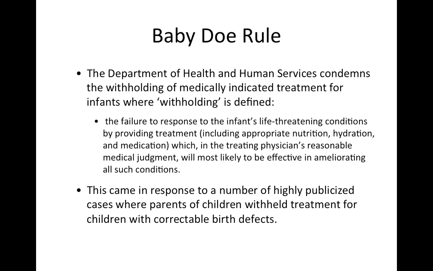It then goes on to define what withholding means: the failure to respond to an infant's life-threatening conditions by providing treatment, whether that's appropriate nutrition, hydration, and medication, which in the physician's reasonable medical judgment will most likely be effective in ameliorating such conditions.